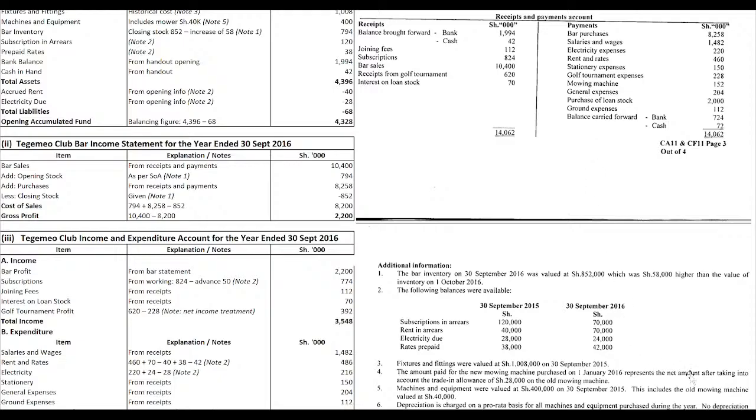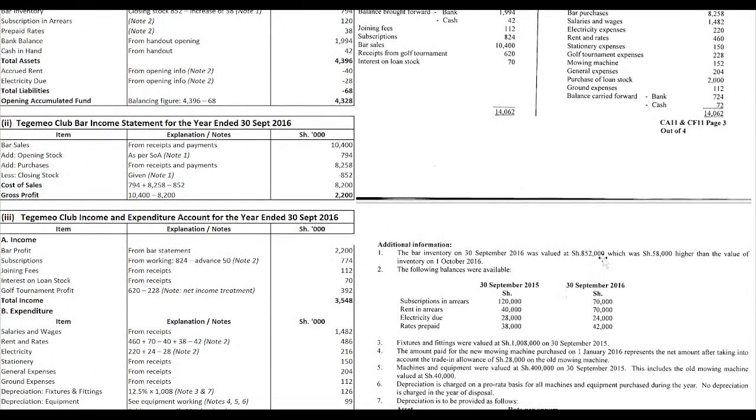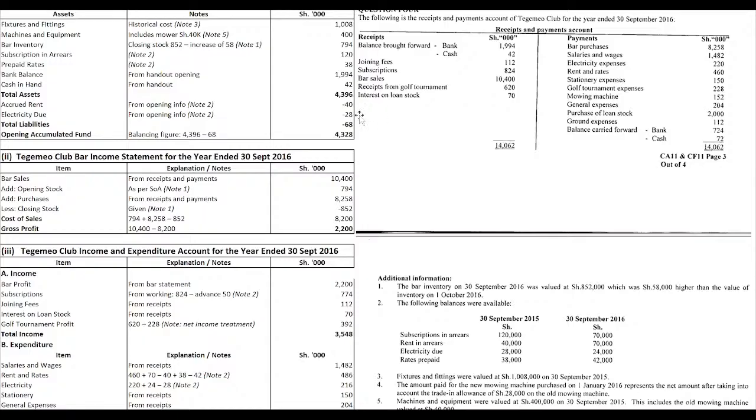Let me check that note. Yes, it is 852, which was 58 higher than the value of inventory. So you have to deduct that 58, and you get 794. Then the subscriptions in arrears, given in note 2, is 120.